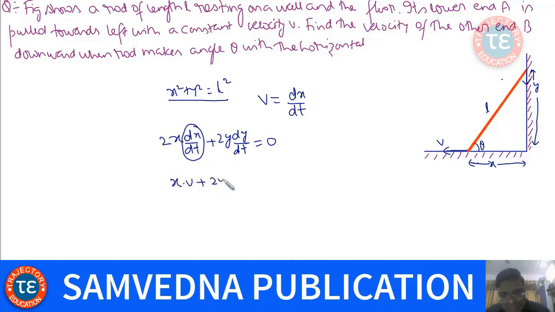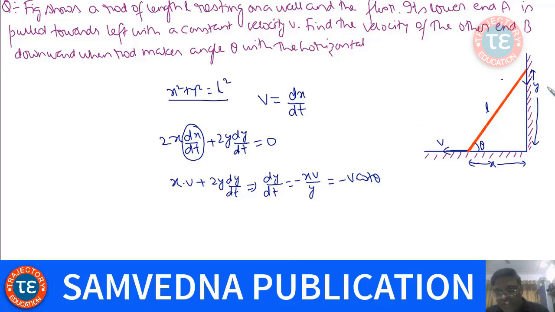V. So dy by dt is going to be minus xV by y, and x by y is what in terms of theta? Cot theta.